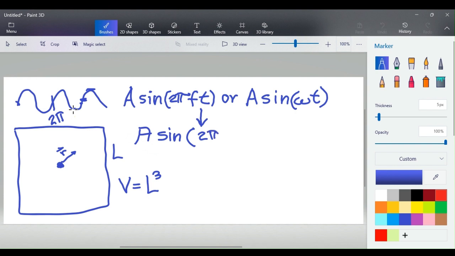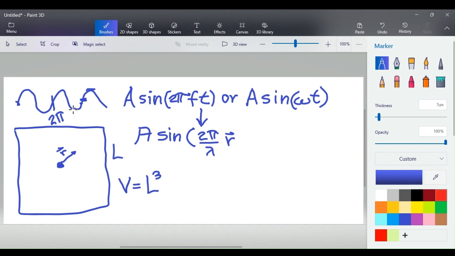And I'm going to divide by a symbol for wavelength, which is the Greek letter lambda. So I'm going to put 2 pi over lambda, and I'm going to multiply that times r. And this is my vector r.